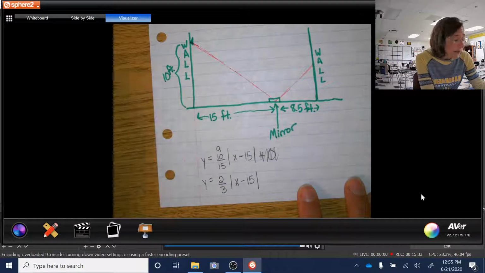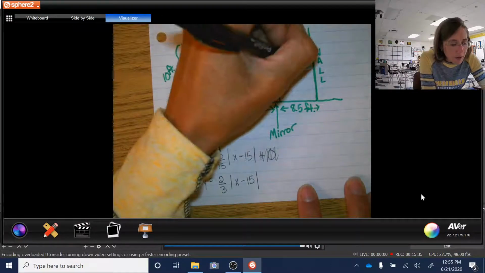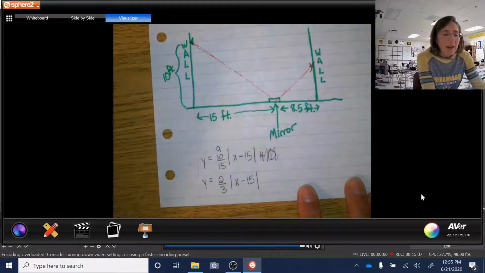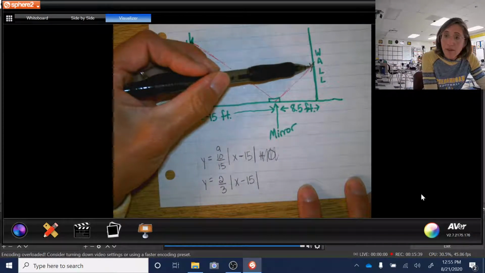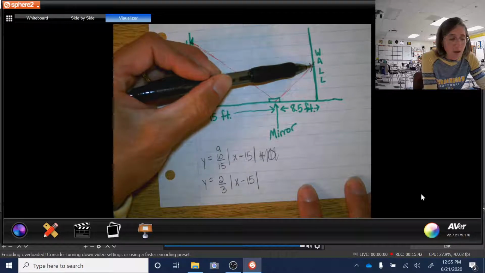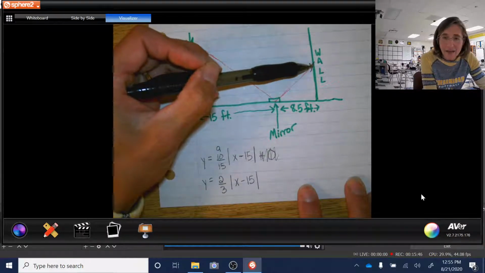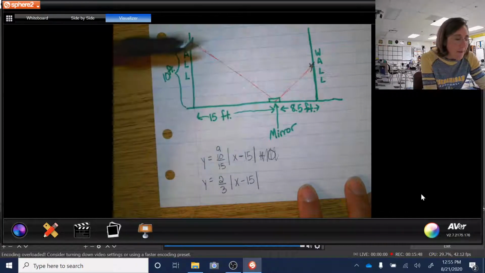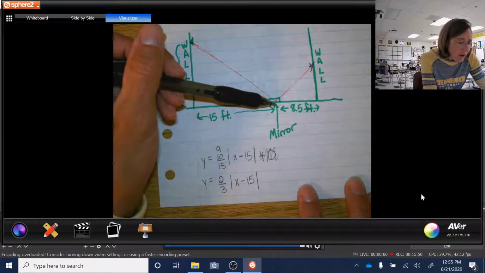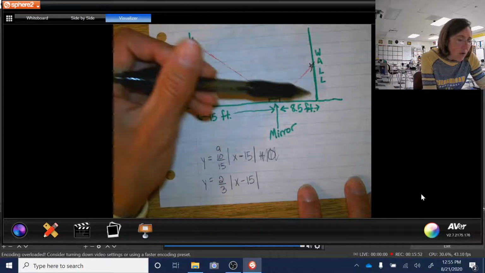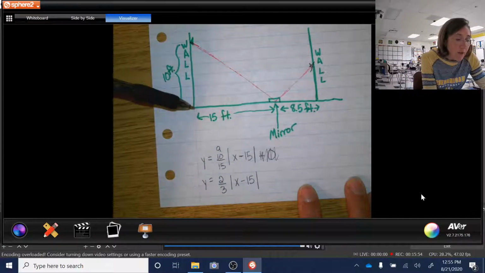Now here's what I really want to know: where is this point of light on the opposite wall, that's reflecting off of my mirror? Where is that hitting? So how far over are we from the origin?